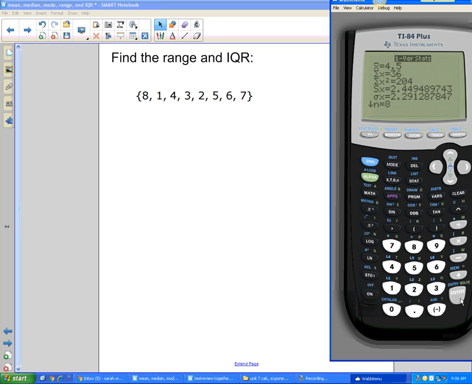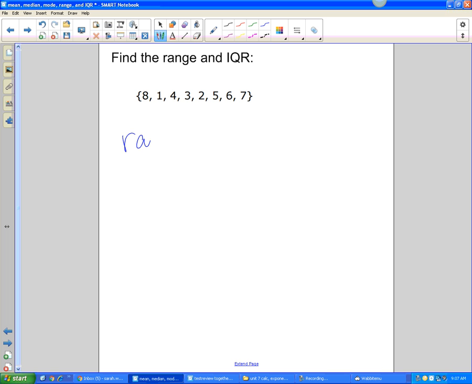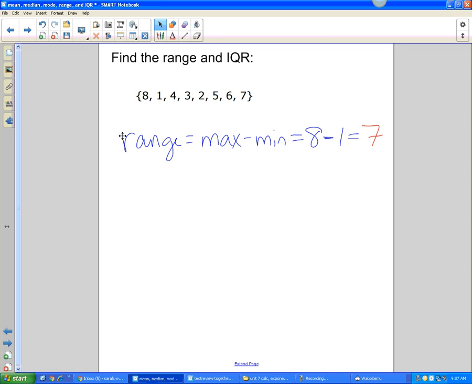All right. Andrea, what's the formula for range? And Chuck, what numbers do you have for the maximum and the minimum? Okay, so I have to subtract those. What's 8 minus 1, guys? 7. So the range is 7.